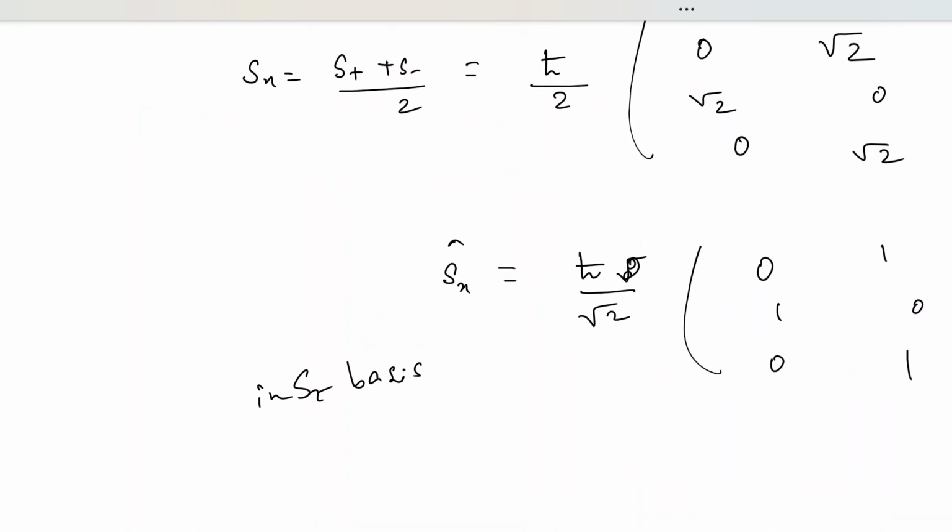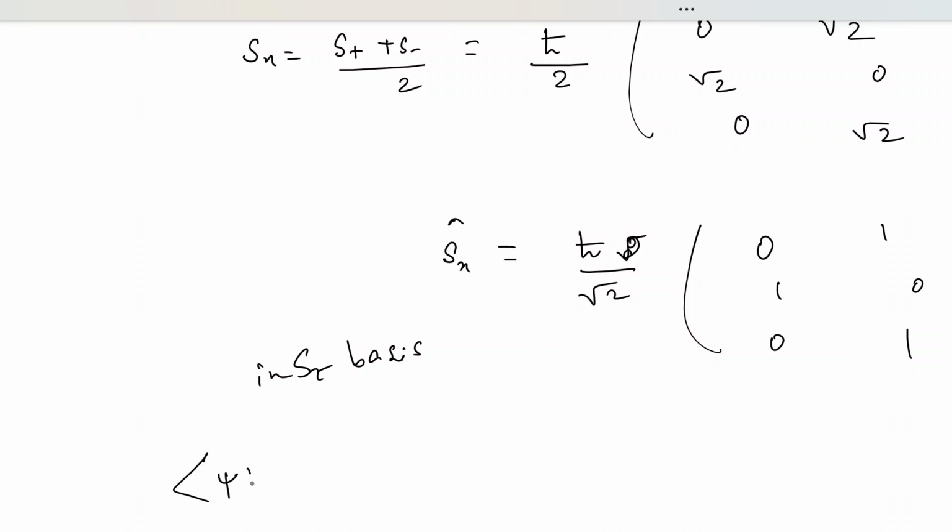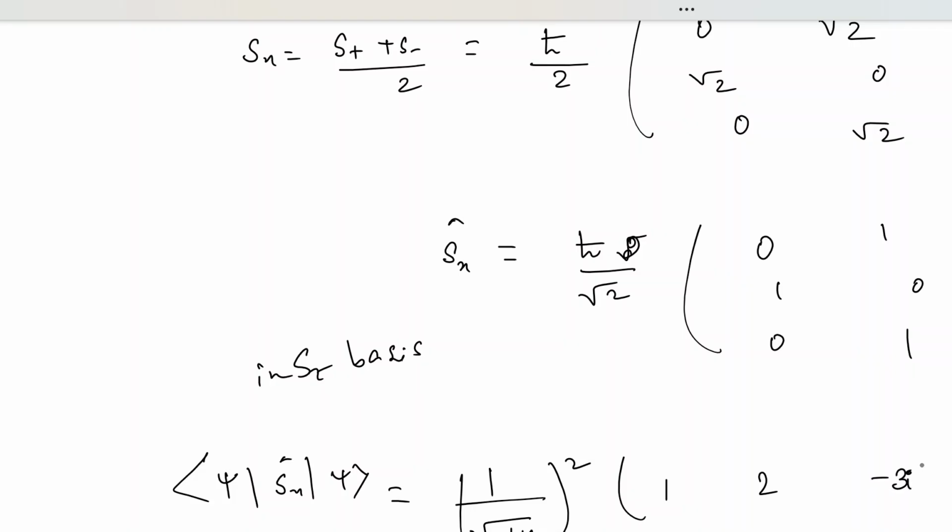Now once you have that, it is simple to take the expectation value. Your psi was given as 1 by root 14. So 1 by root 14 is on both terms, so it will be squared. Then the psi bra will have a complex conjugation, so it will have 1, 2, minus 3i, because this is the psi bra.